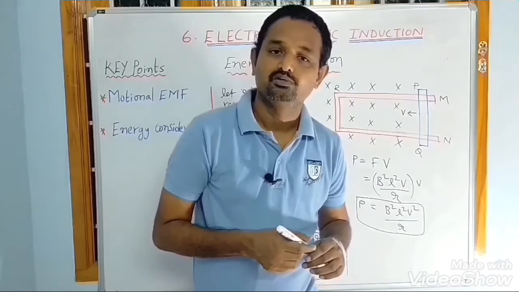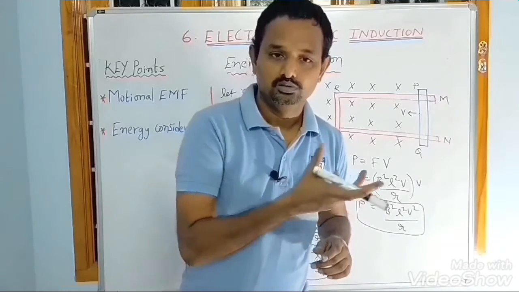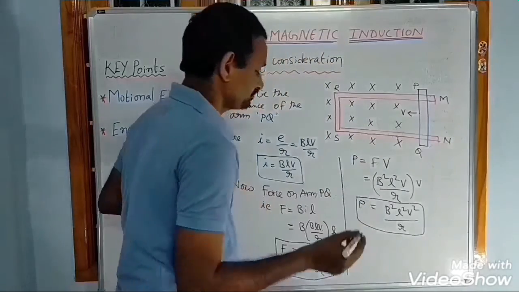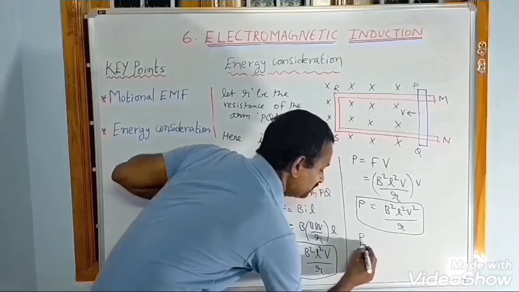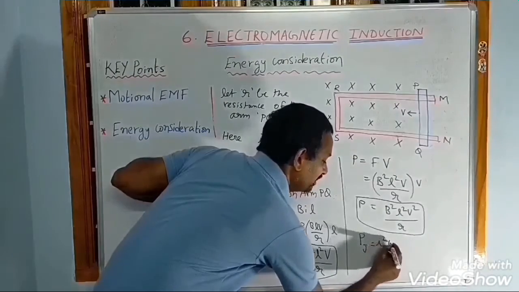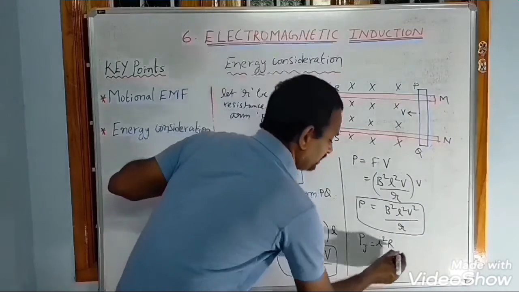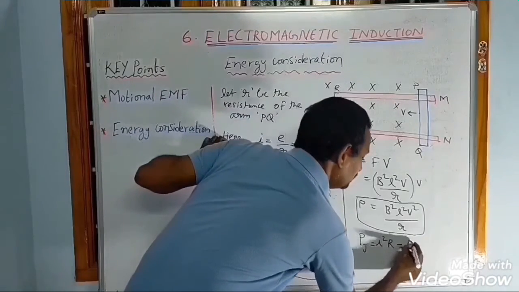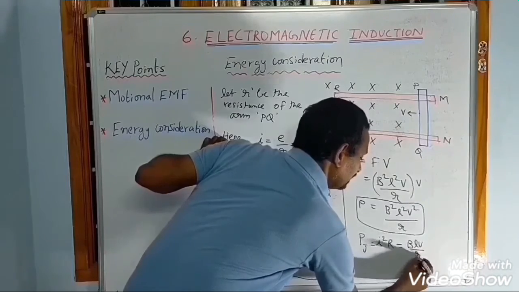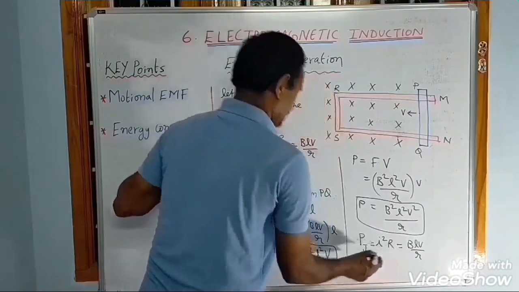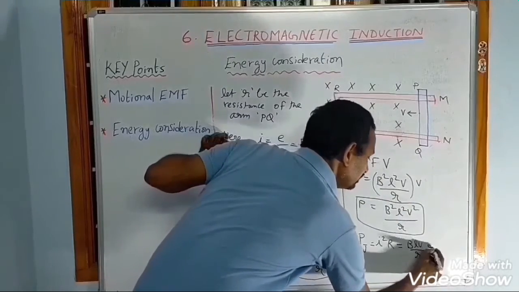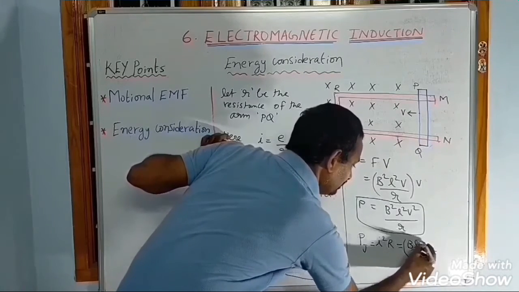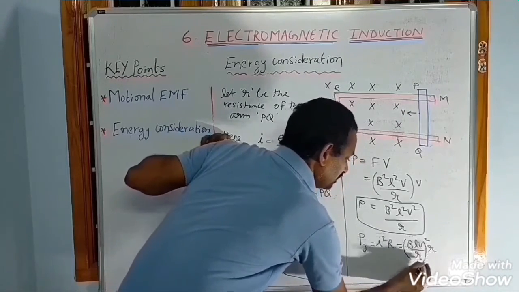We calculate the power Pj equal to I square R, where I is BLV by R, and R is the resistance of the arm PQ. So this should be in brackets.